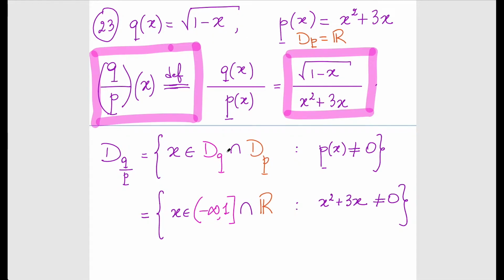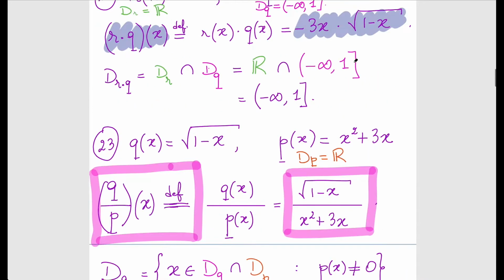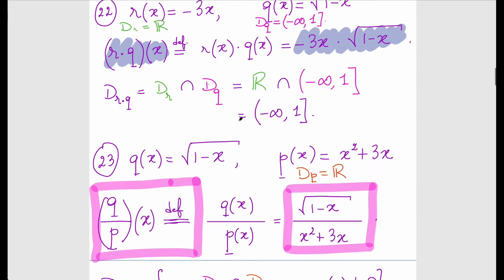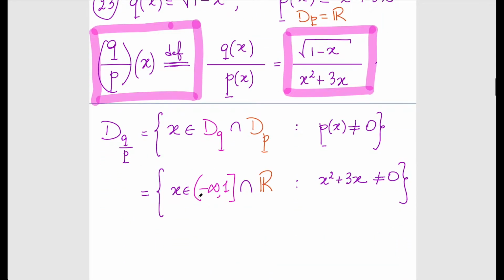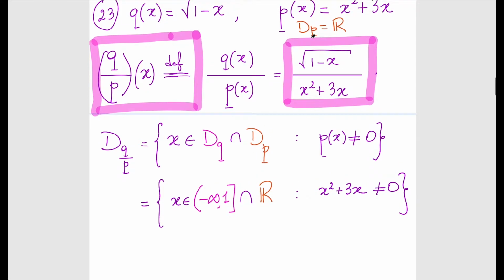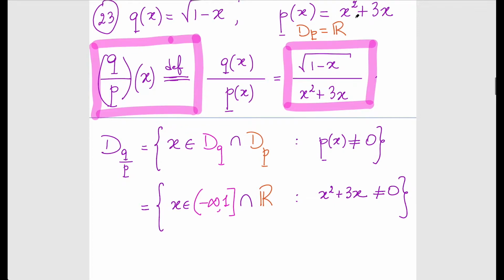D of Q, the domain of this function, was discussed above. It's minus infinity all the way to 1. I replaced D of Q by minus infinity all the way to 1. I need to intersect this, which means I'm going to take common elements with this set. What's D of P? We discussed it. The domain of P happens to be all real numbers.